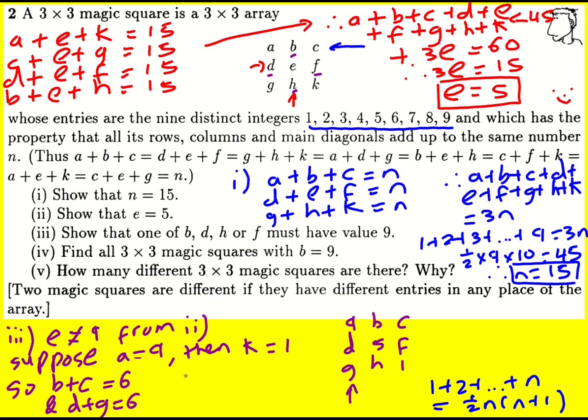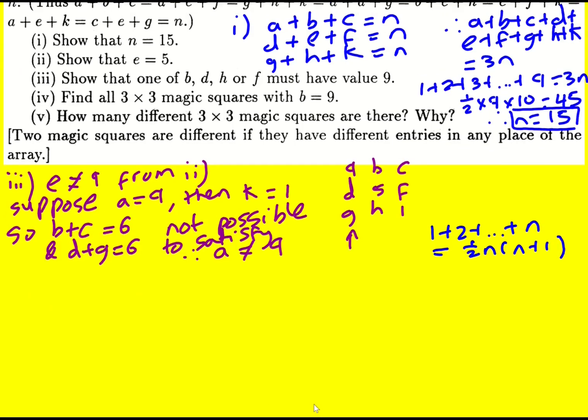But we can't use 1 and 5, so we've only got 2 and 4 to make this out of. Okay, you can't use 3 and 3 either. So not possible to satisfy these equations. Therefore, A not equal to 9.